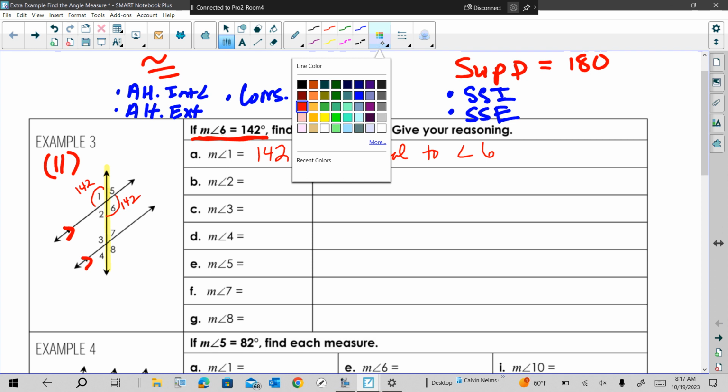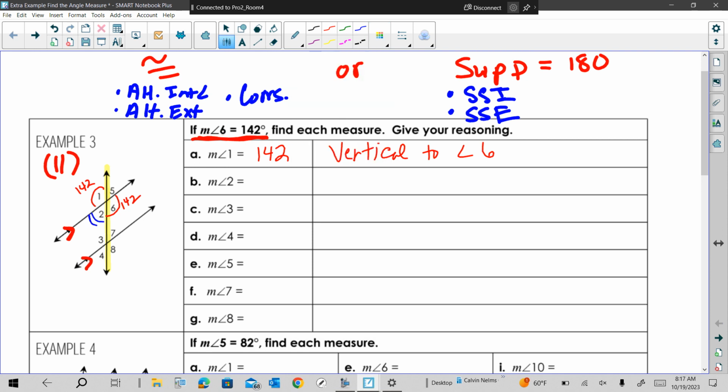Then they want us to look at angle 2. There can be more than one reason here, but angle 2, which is over here, is not the same as angle 6. How could I find that measure? Yeah, you're going to do 180, because it's a linear pair, minus 142, and we get 38.